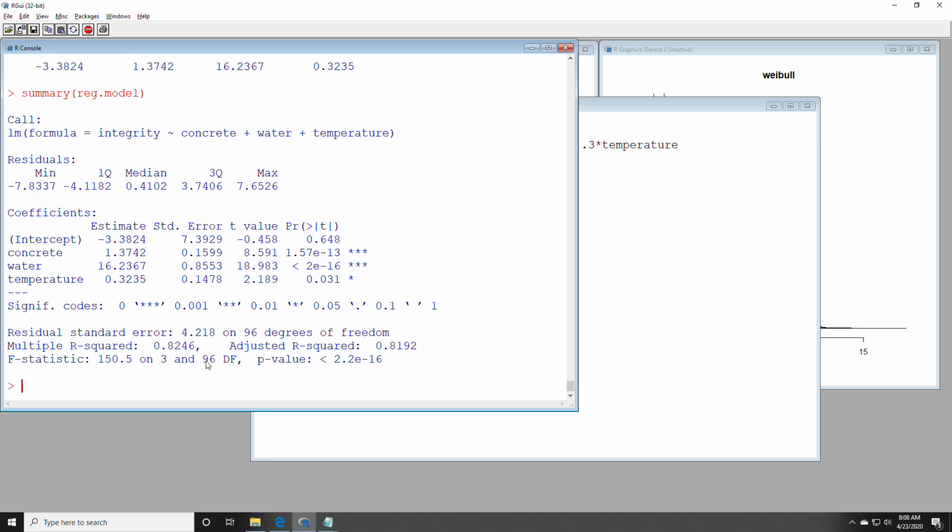Okay, let's look at our p-values. Very small, indicating concrete is significant. Very small, indicating water is significant, and I haven't specified anything else, so unless I do, comparing this to 0.05, this is less than 0.05. So we still reject that beta 3 is equal to 0.